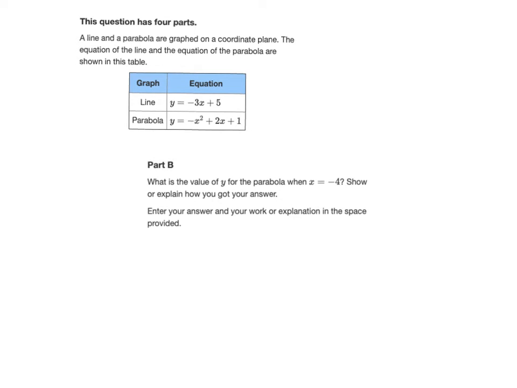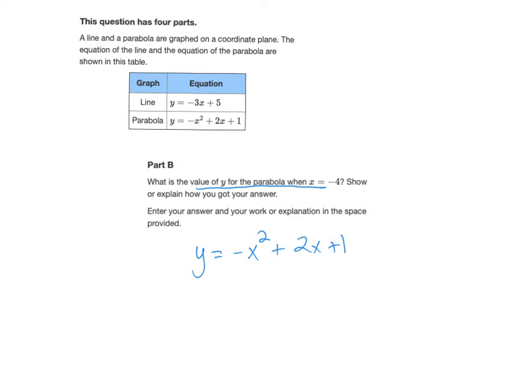Okay, again, same equations, but this time we want to know the value of y for the parabola. So this time our equation is going to be y equals negative x squared plus 2x plus 1.